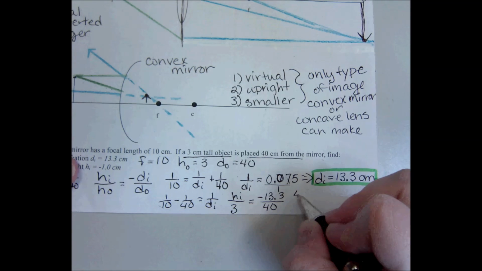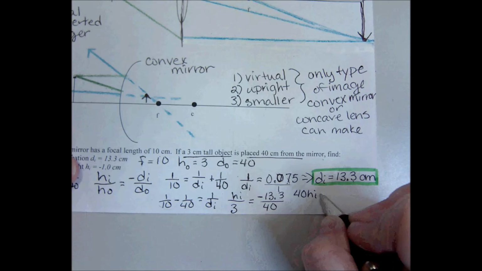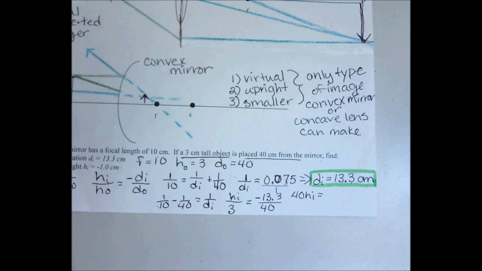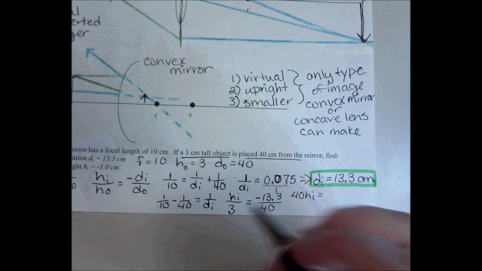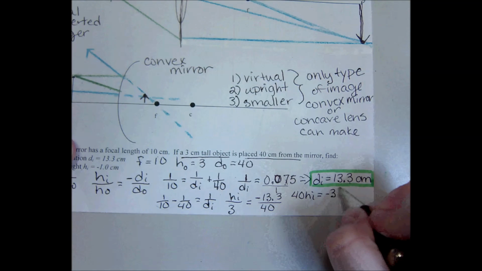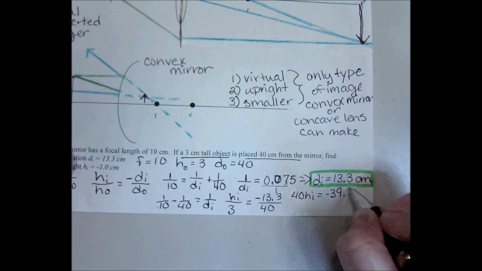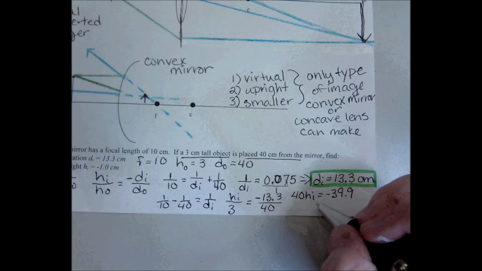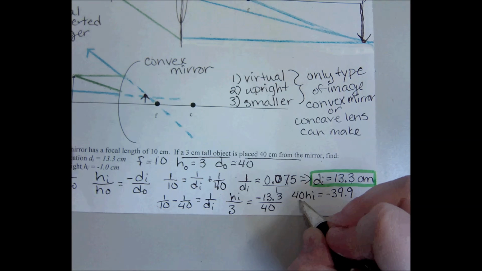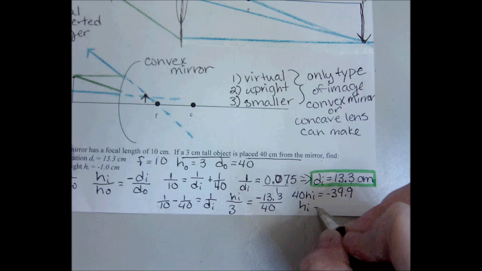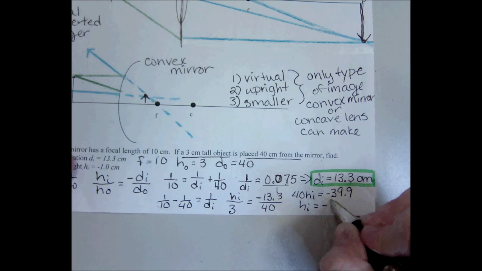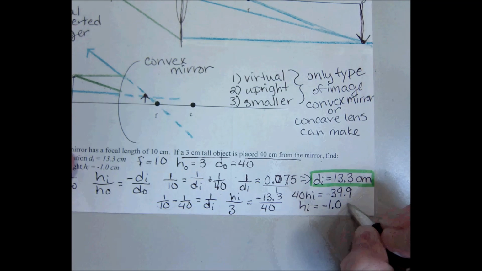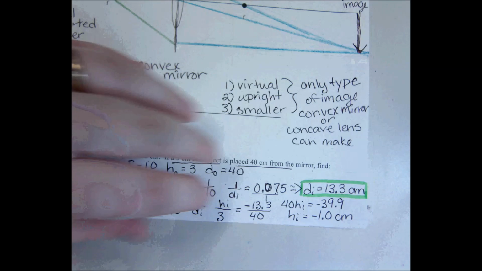So if we cross multiply, we get that 40 hi equals negative 13.3 times 3, which is negative 39.9. Divide both sides by 40. And if you do a little bit of rounding, you get that hi equals negative 1.0 centimeters.